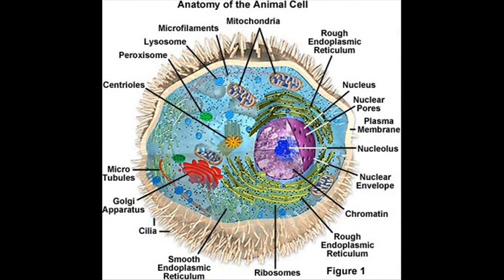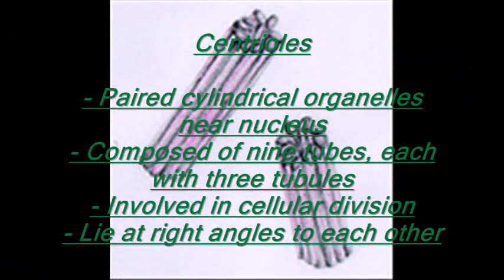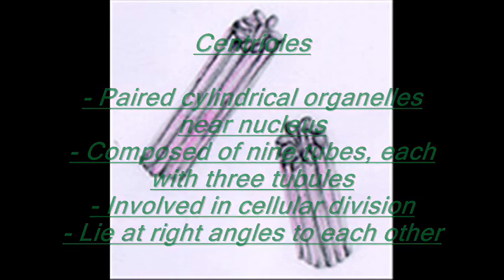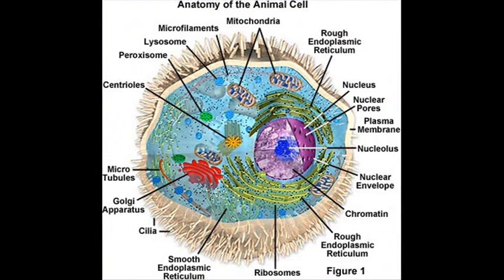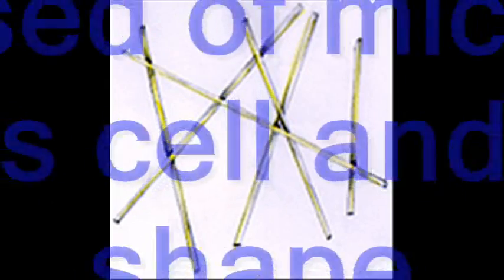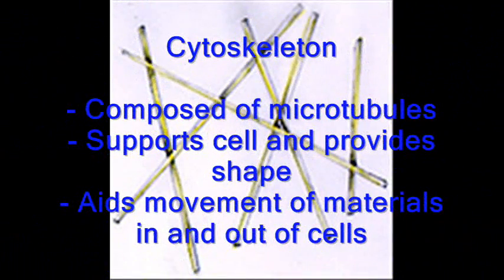Now we'll be going to the centrioles. Please read the definition. Next, we'll go to the cytoskeleton. This keeps the cell intact.